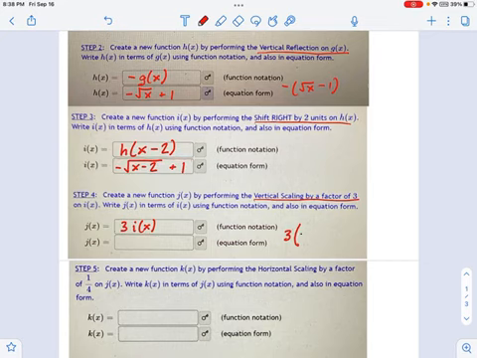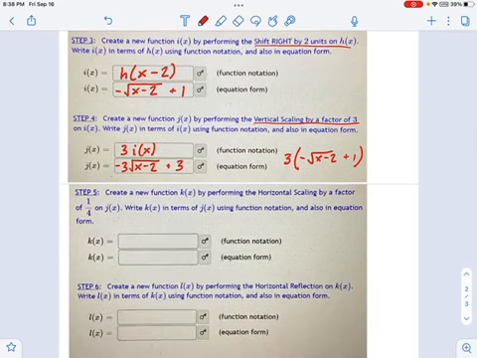So we're going to have to put that whole thing in this parentheses. 3 times negative x minus 2 inside the square root, and then plus 1. And I'm just going to simplify it so that parentheses don't get too big. This will turn into negative 3 times the square root of x minus 2. And remember, we distribute that multiplication. So it'll be plus 3.